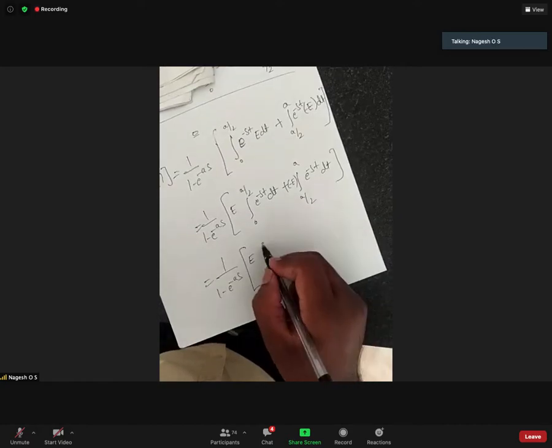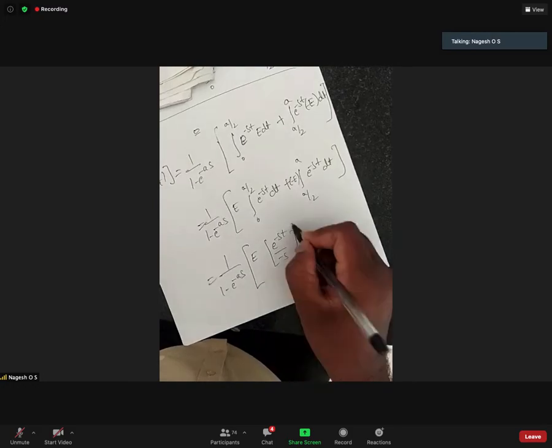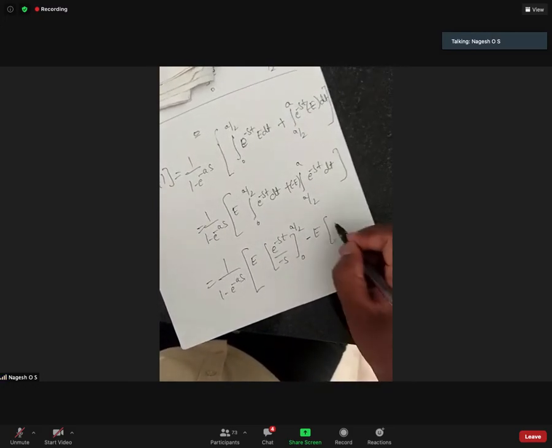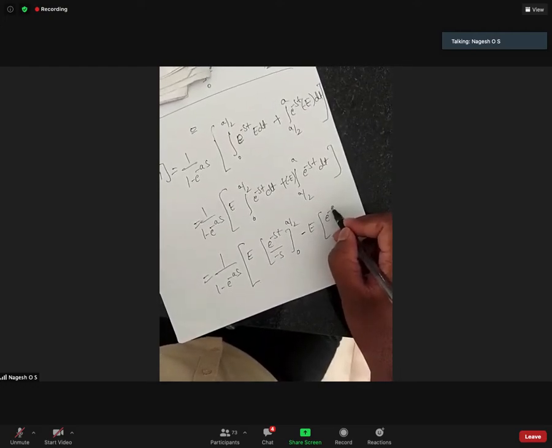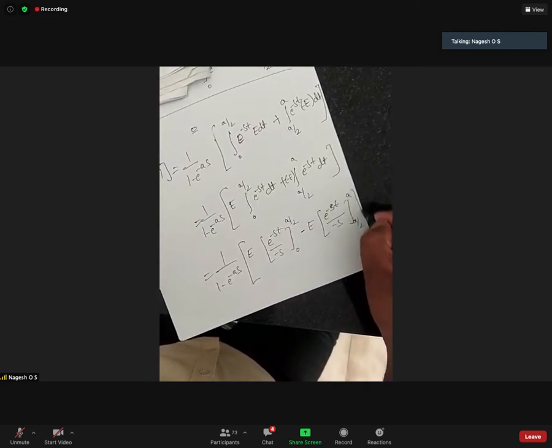What is integration of this? e power minus st by minus s between 0 to a by 2, minus e. Again integration of this is e power minus st by minus s between a by 2 to a.